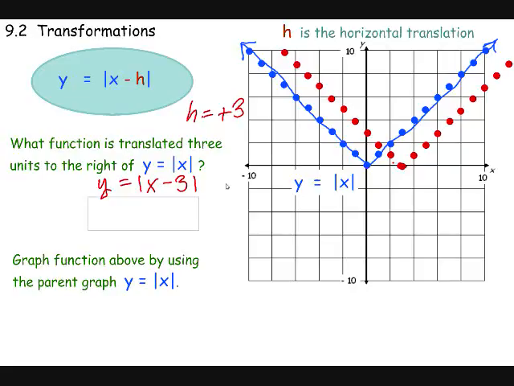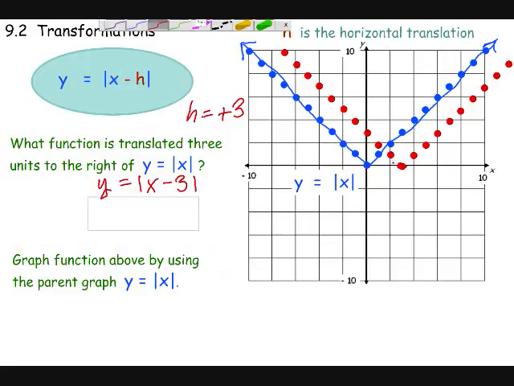There it is. Graph the function above by using the parent graph. It's so much easier if you have memorized the parent graph. You don't have to do a table of values. You just look at your parent and you realize I just have to shift everything over 3.